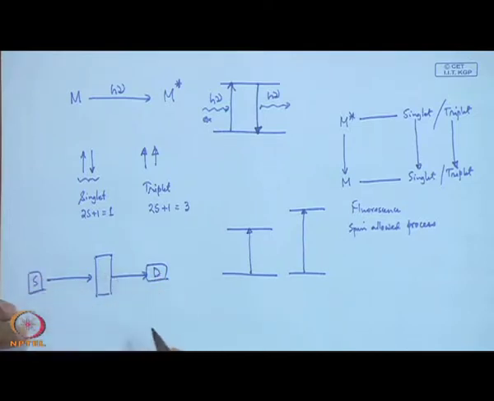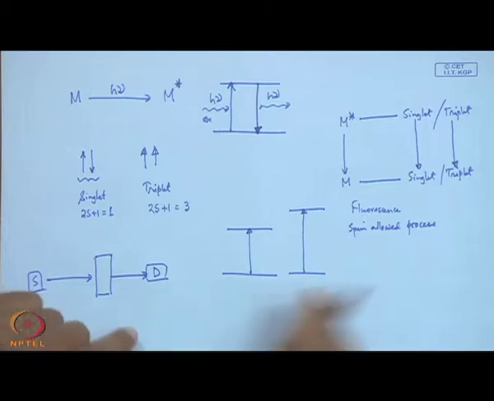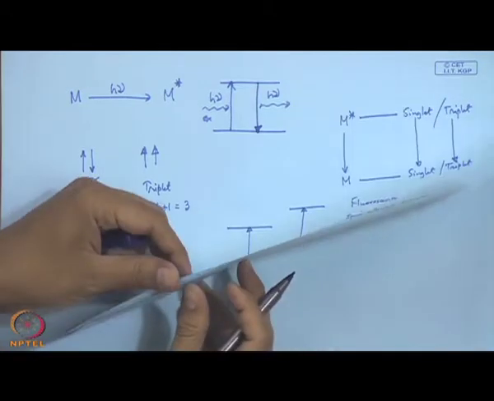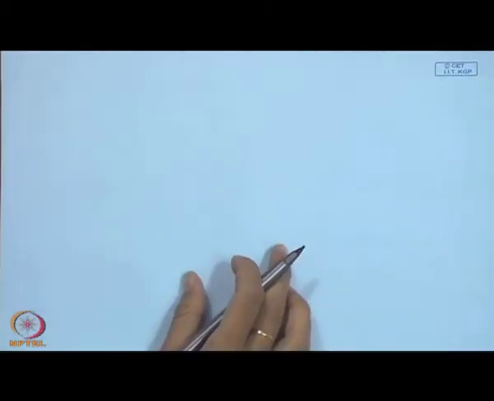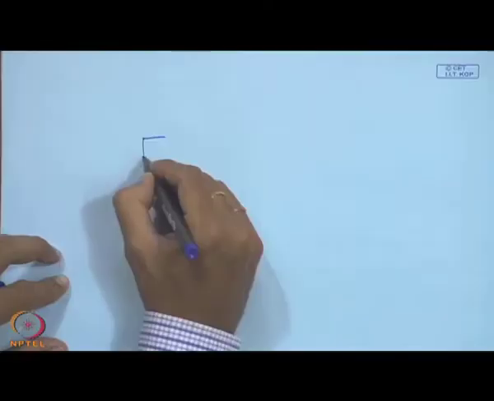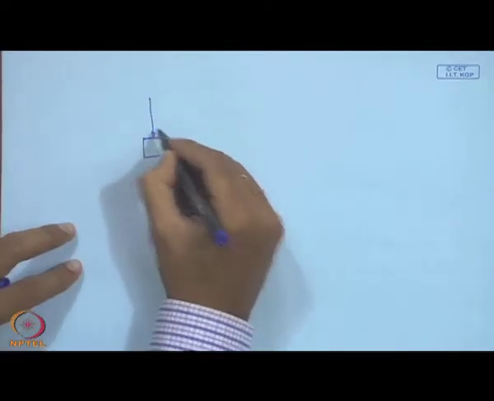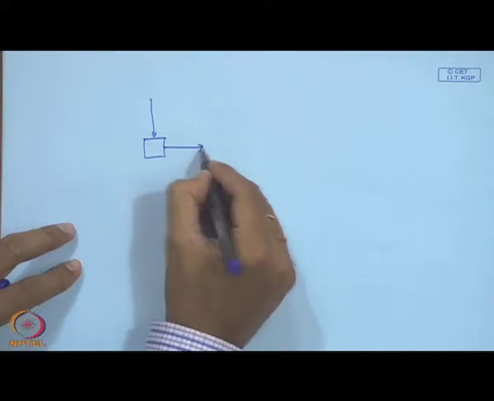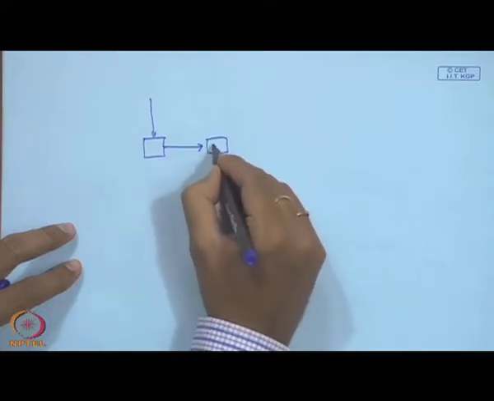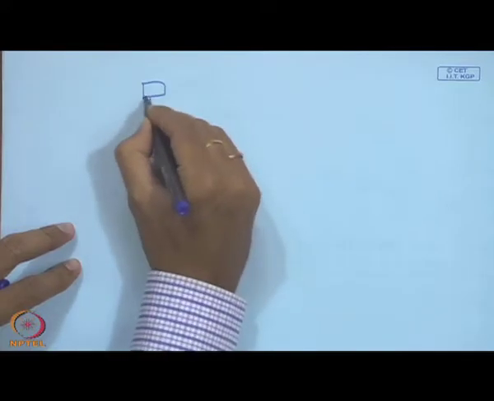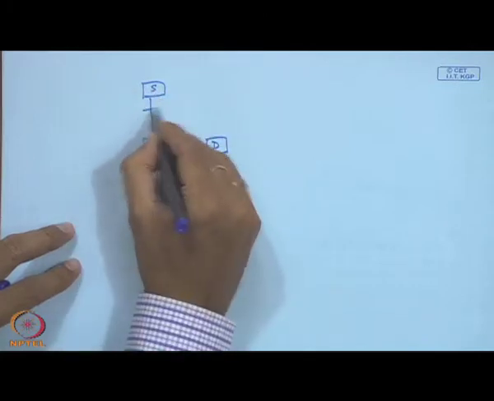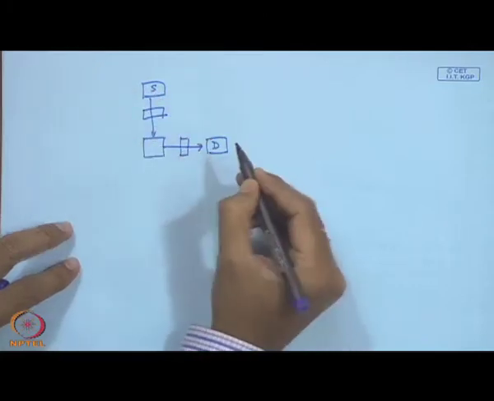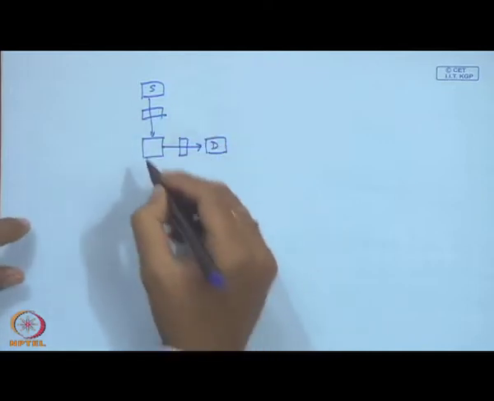This is the simplest of the lot. But in case of your fluorescence, you have got your sample, you have your excitation source this way, and emission is collected at 90 degrees. This is detector, this is source. Maybe there is a monochromator here, there can be a monochromator over here, but this is the simplest diagram.